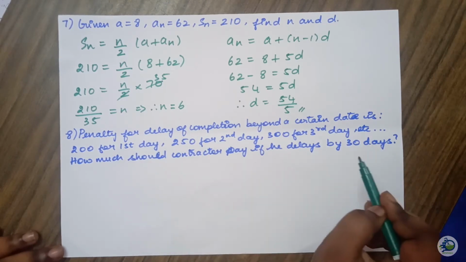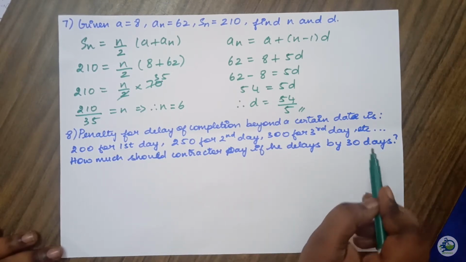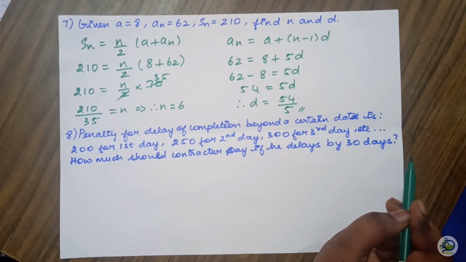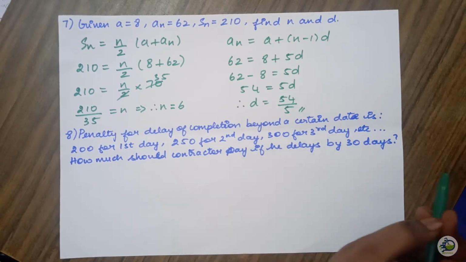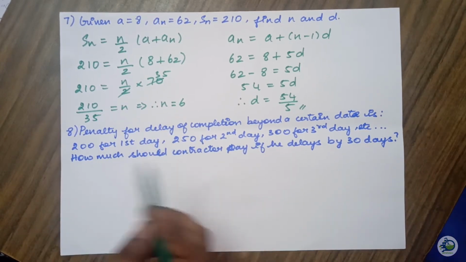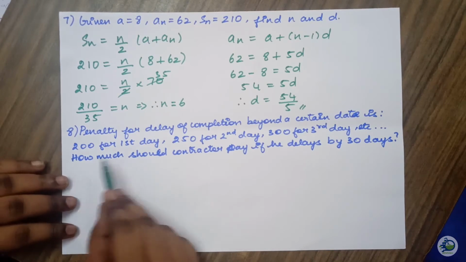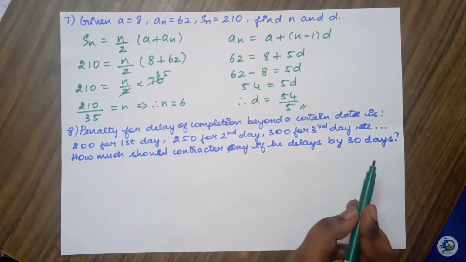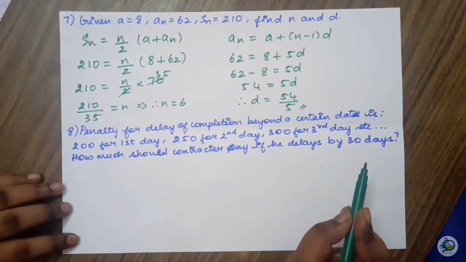Now we are going to find the value at the position N is equal to 30. So here we are going to find the sum of the terms, because each day it increments and the value of each day is added. So we need the sum of values up to the 30th position.